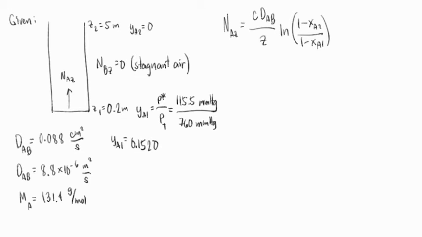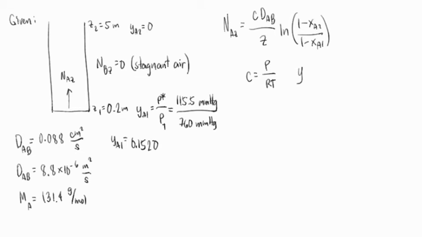Now, this derived equation previously was for liquid systems. Since we now have a gaseous system, we simply have to change our form of concentration. For liquid systems, we use C for concentration and X for mole fraction. While for gaseous systems, our concentration is expressed in terms of pressure. That is, C is equal to P over RT. And our mole fractions for the gaseous phase will be represented by Y. Okay?